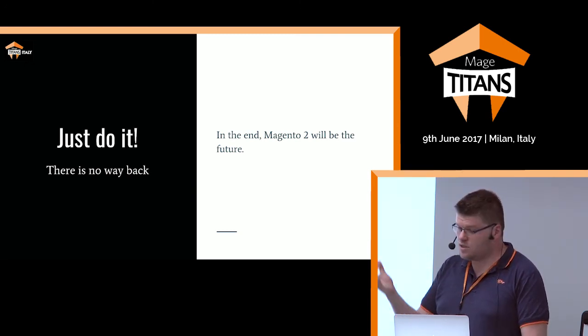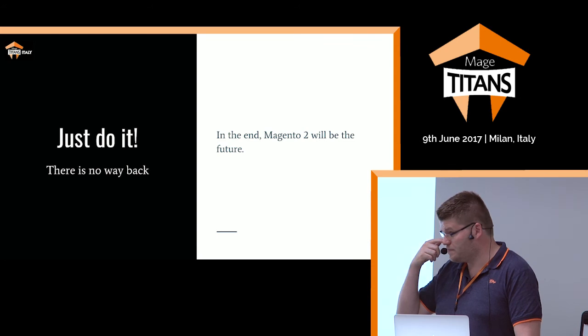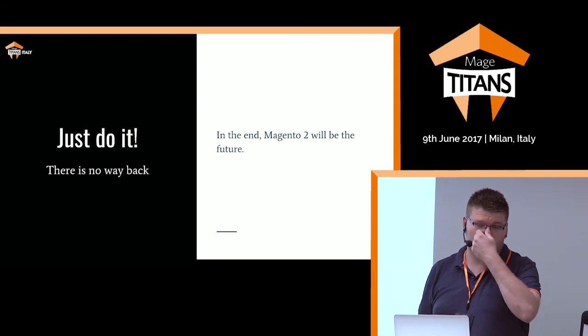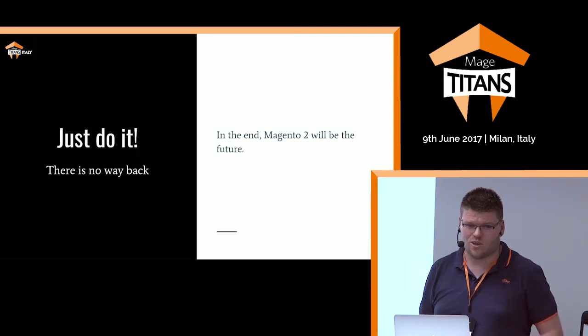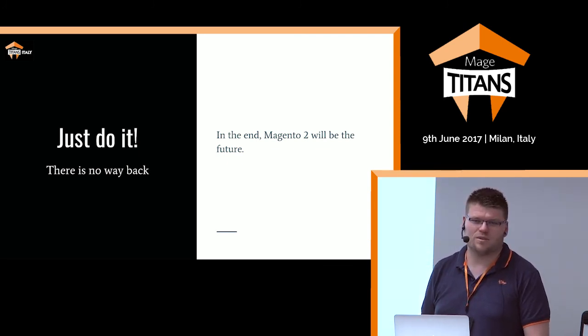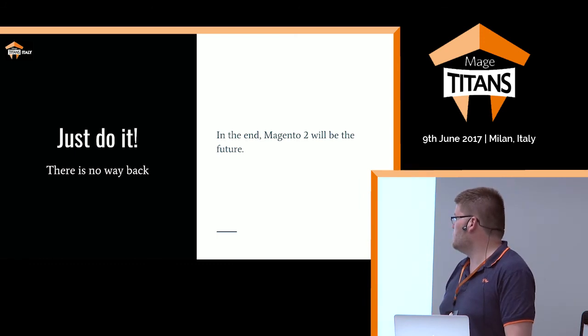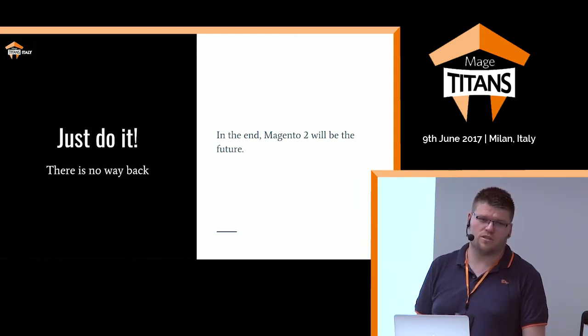And then this one: just do it. We can't go back. If you want to continue building your new Magento merchants on Magento 1, you're not serious about this. We all have to go to Magento 2, and I think we all should, because it will be the future.